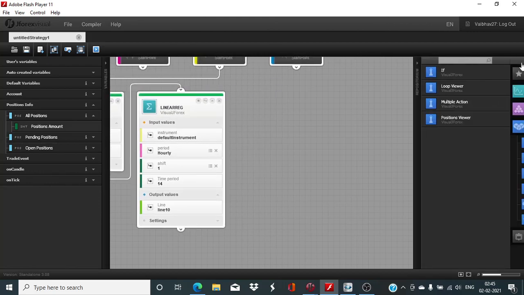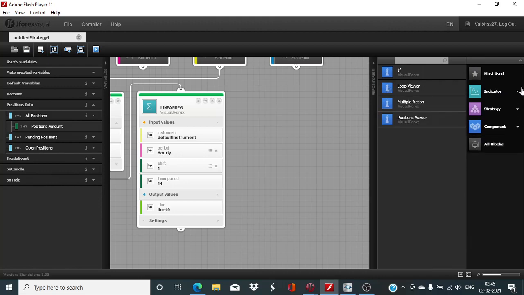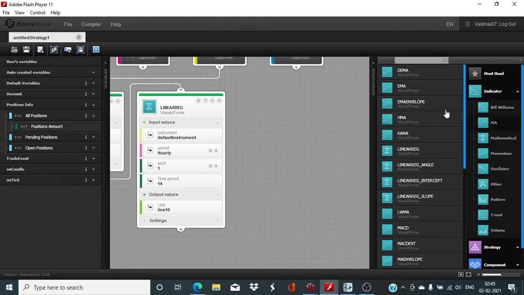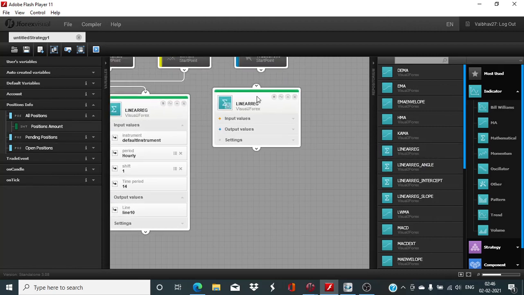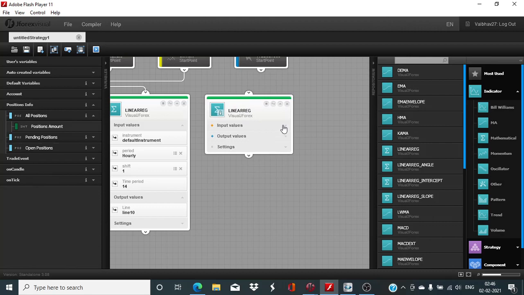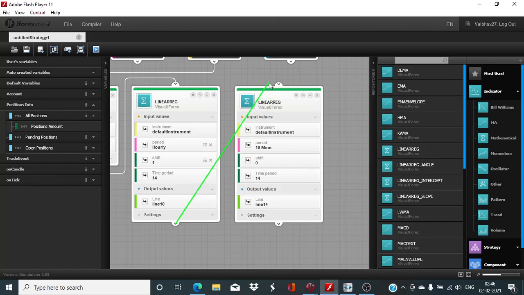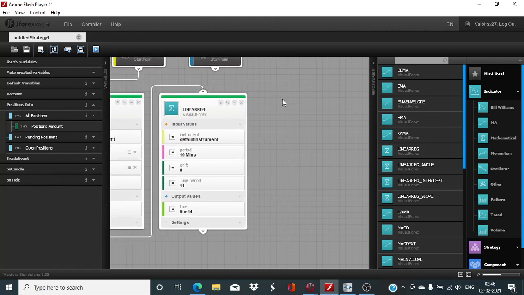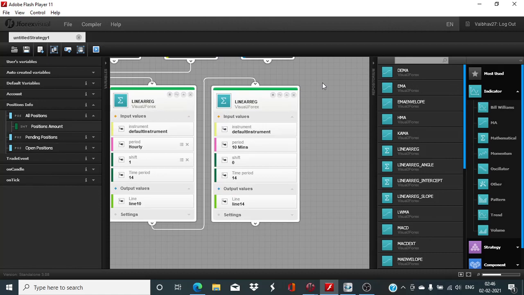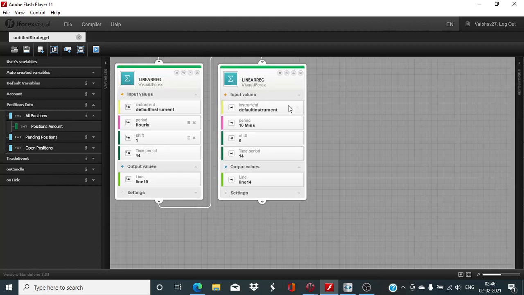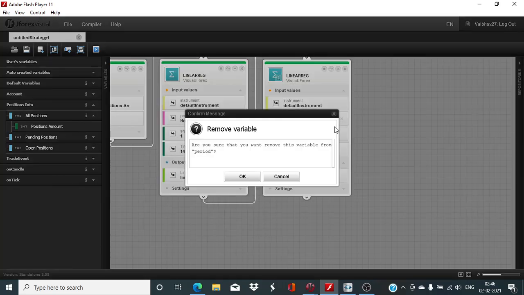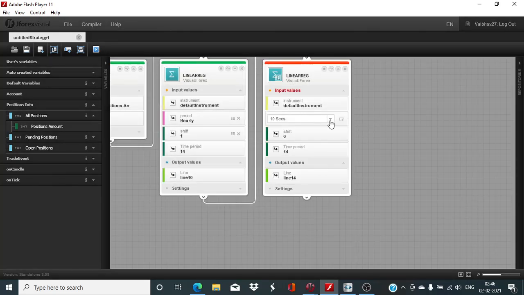I will add one more linear regression block, indicator, moving average, linear regression. This should also be of hourly time frame.